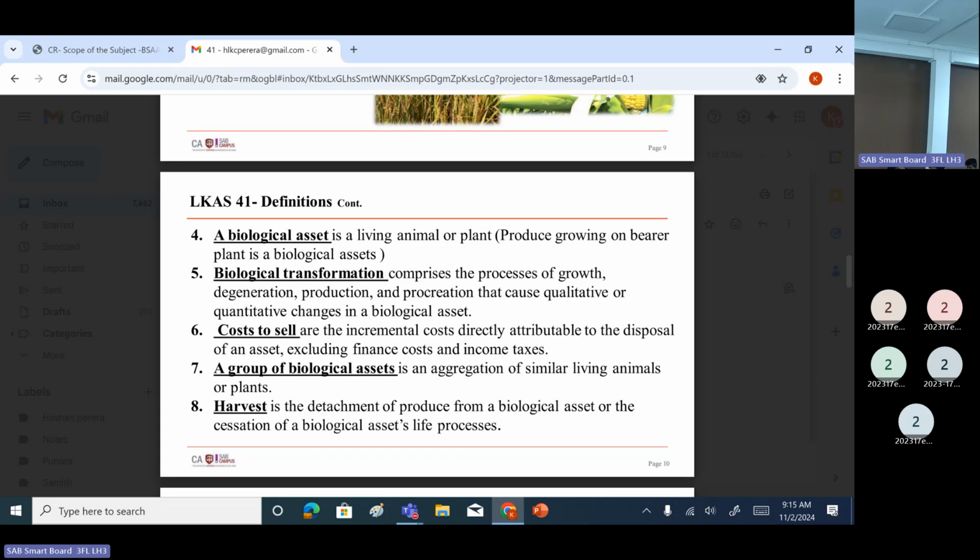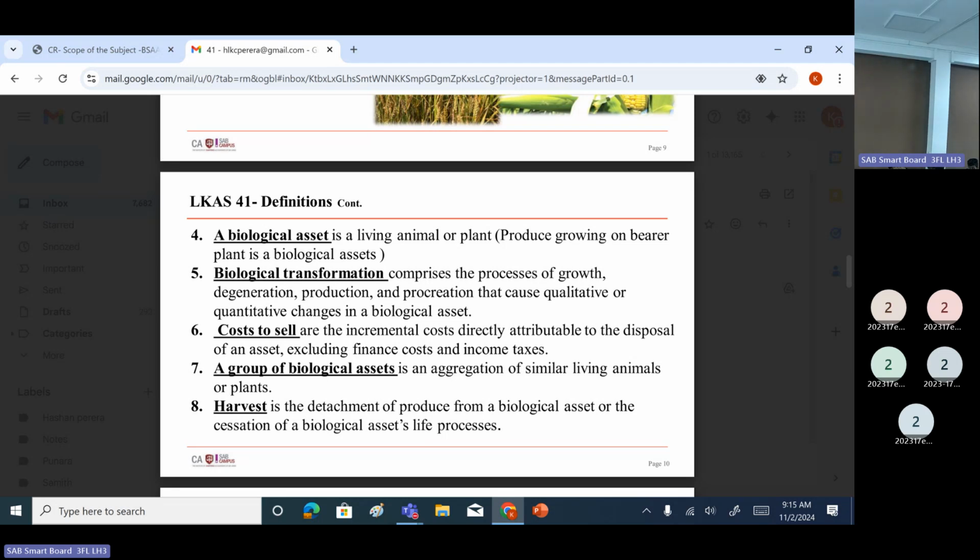A biological asset always produces agricultural produce. The outcome we get from the biological asset we consider as agricultural produce. From a mango tree we get mango. The mango tree is a biological asset. Mango is the agricultural produce.